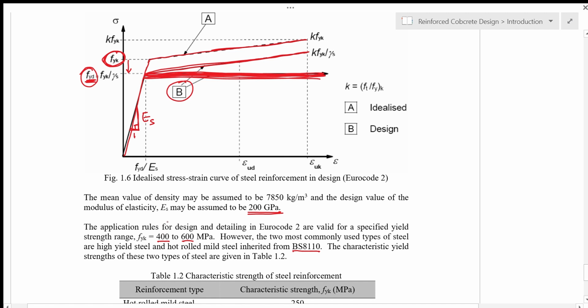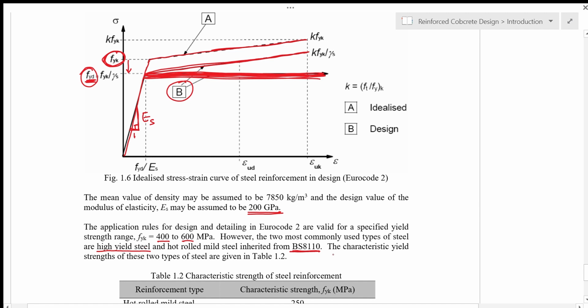But unfortunately in Eurocode 2 there is no more hot rolled mild steel. If you are designing to BS 8110, you still can use hot rolled mild steel, but when we design to Eurocode, we only have high yield steel.